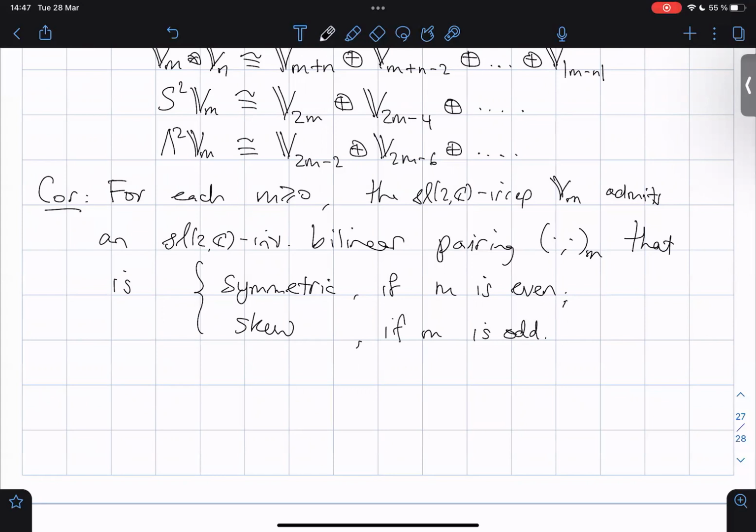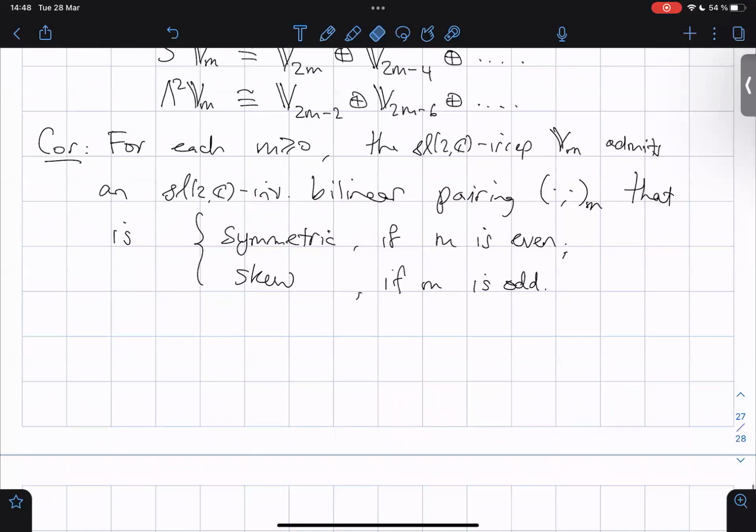So we looked at the case M equal to 2, and we found the symmetric invariant bilinear form, wrote it out explicitly. So we have these nice invariant tensors, for each M, sometimes skew, sometimes symmetric. Let me go back to this Clebsch-Gordan pairing business.